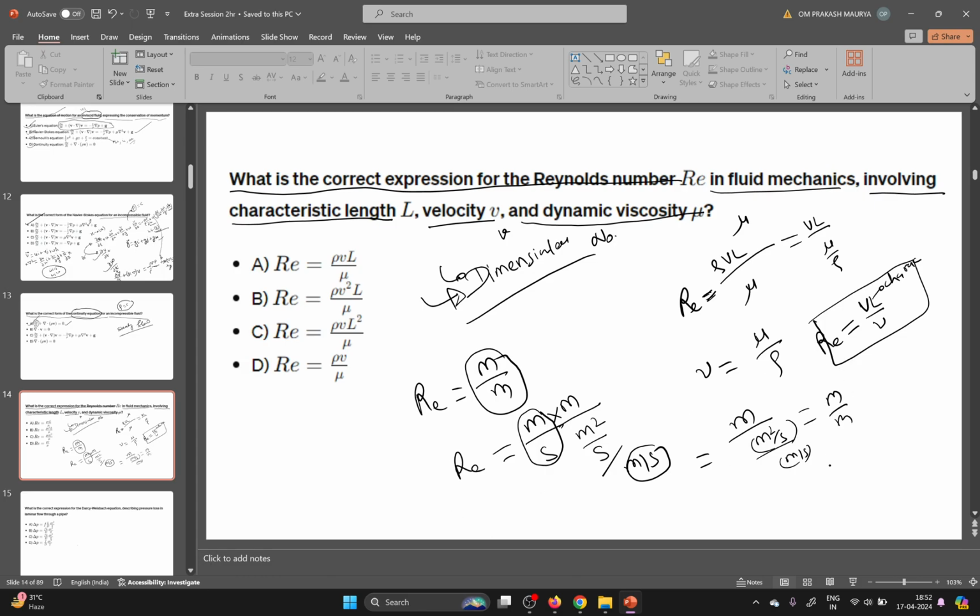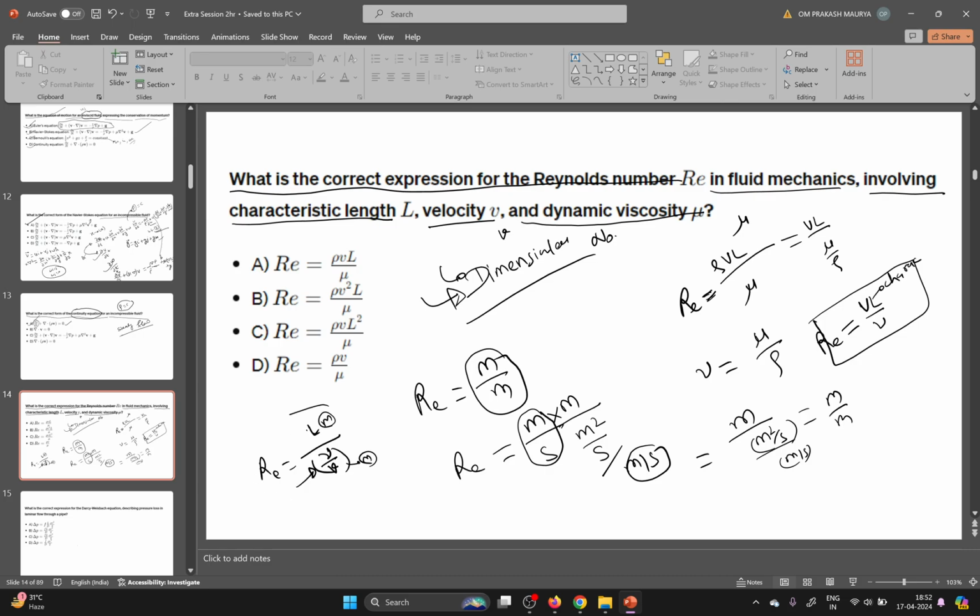So for non-dimensionalizing the Reynolds number, we use what? Your kinematic viscosity divided by velocity. This nu by velocity has the unit meter, and length has the unit meter.